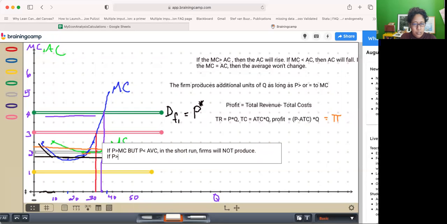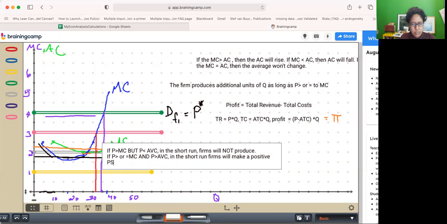If price is greater than or equal to MC and price is greater than or equal to average variable cost, in the short run firms make a positive profit.